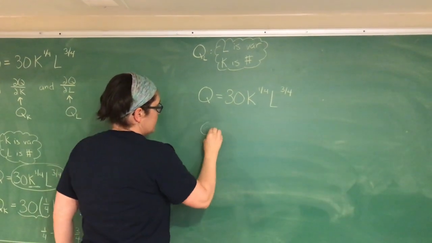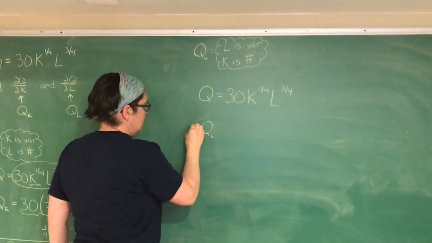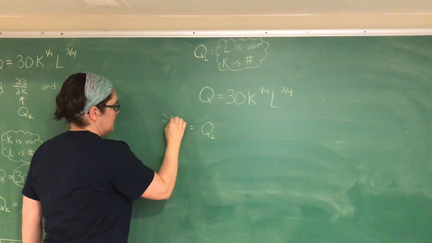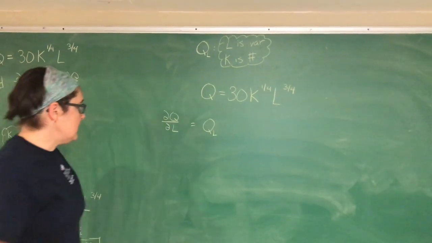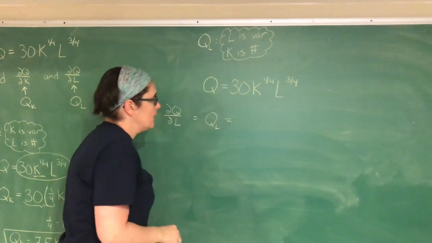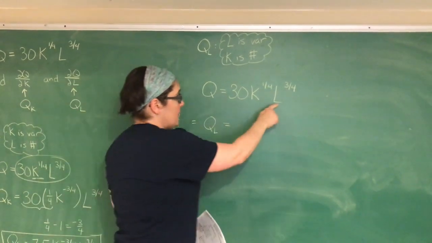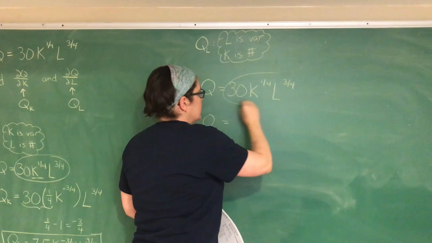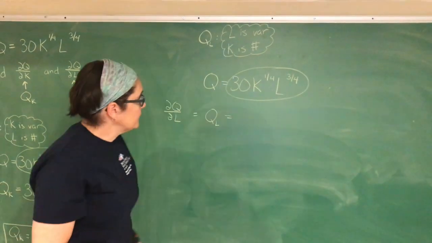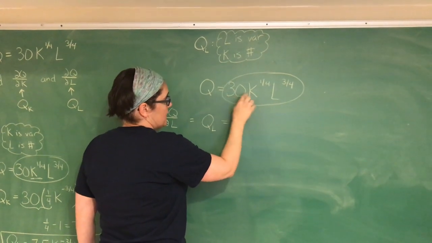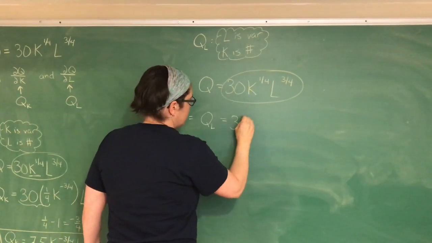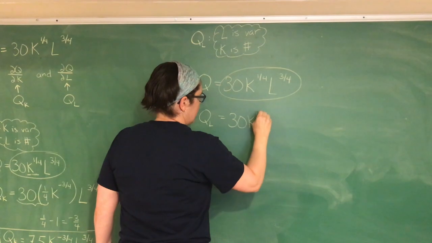And so my partial derivative with respect to L, which you can also write as dQ over dL with those funny partial d's. Okay, L is my variable. This is all one term multiplied together. So I'm going to carry along the numbers, the 30 and the K to the 1/4. So I have 30K to the 1/4.